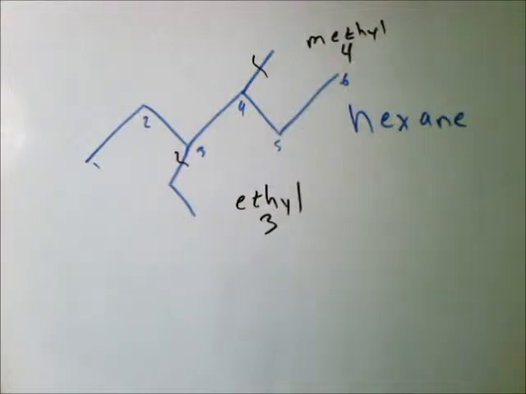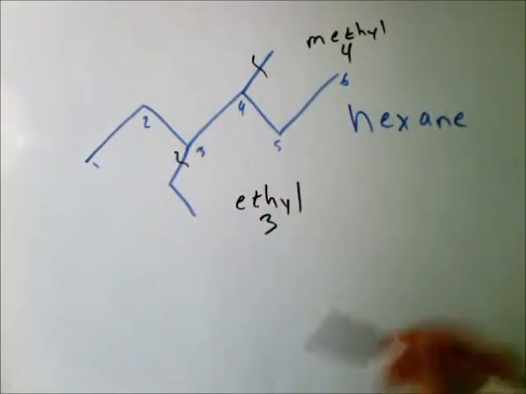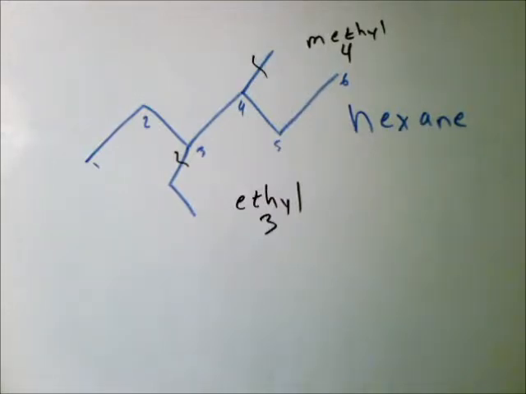Well, now we have 2 different alkyl groups. So which one do we put first when we combine all of our information? Well, you alphabetize. You don't place them in the order of the number that they're assigned to. You alphabetize them.